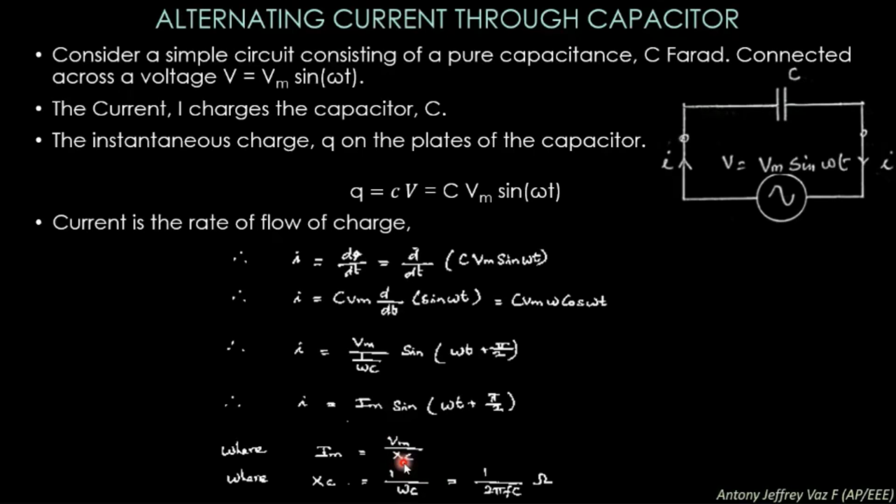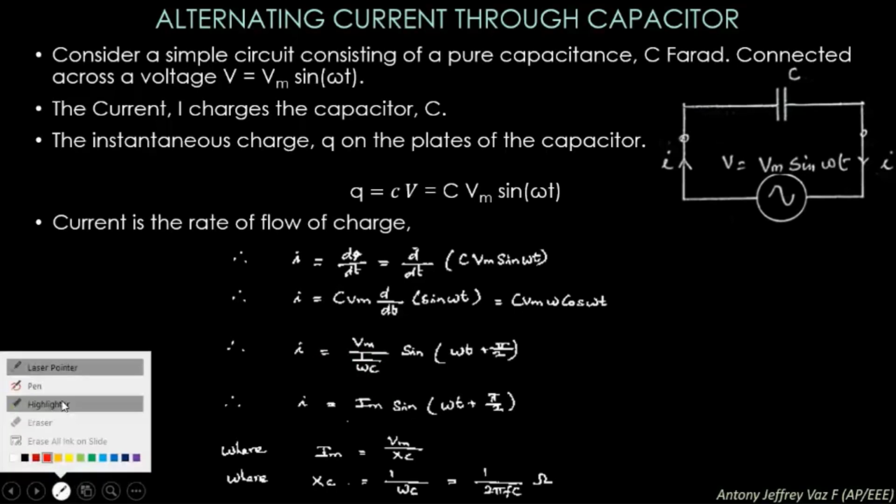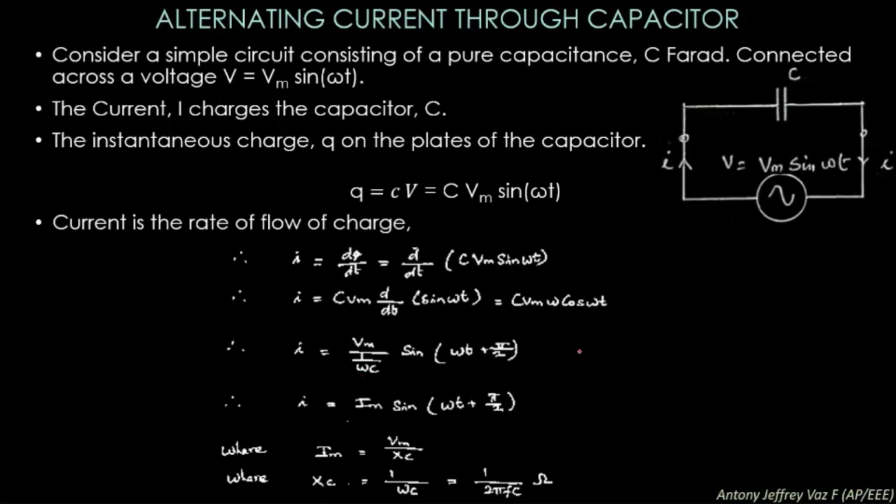Here, how Xc comes is, you can see 1 by omega c is equal to Xc. Okay, so we are putting Vm by Xc, which is nothing but Im.